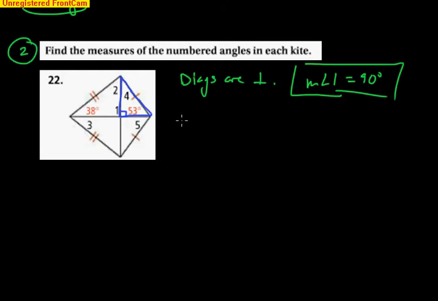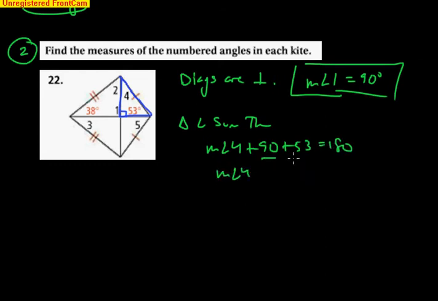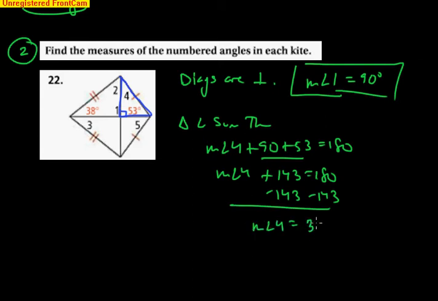The triangle angle sum theorem says that the measure of angle 4 plus 90 plus 53 should add up to 180. That is the measure of angle 4 plus 143 equals 180. Let's subtract 143 from both sides. The measure of angle 4 is 37 degrees. Okay, and there's angle 4. 2 down, 3 to go.